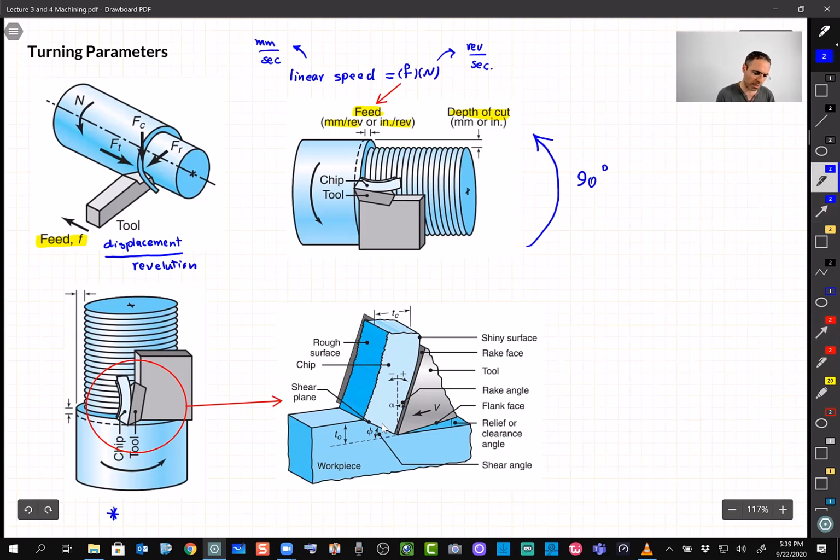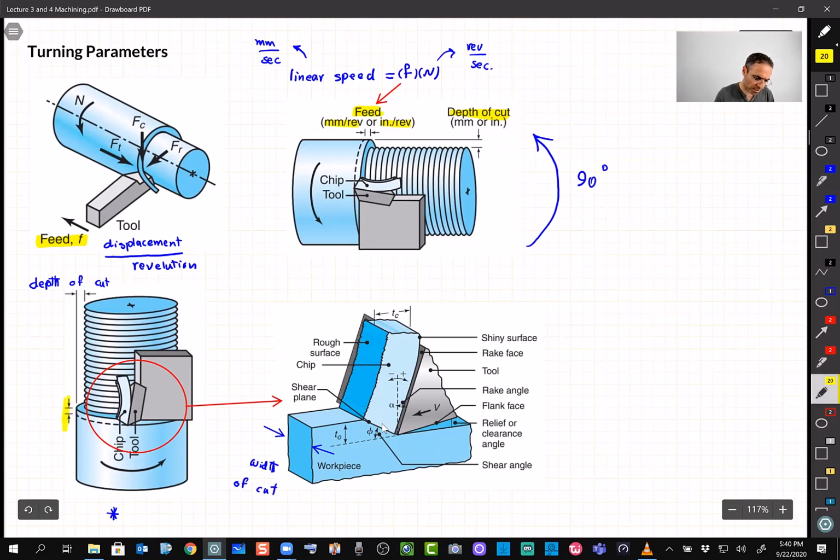Let's start with the depth of cut. In this image, we can think of the depth of cut as this distance, which is in fact the width of this cut over here, like the mechanism that I showed.